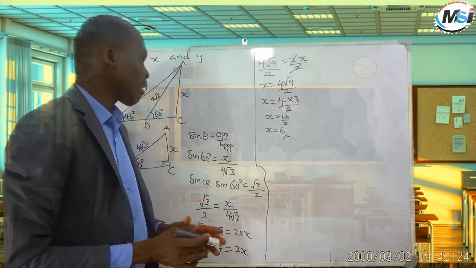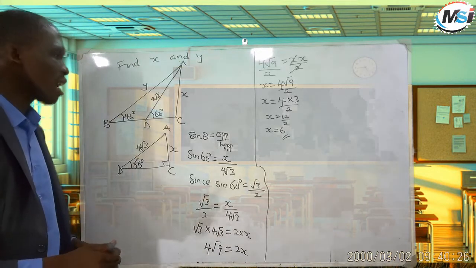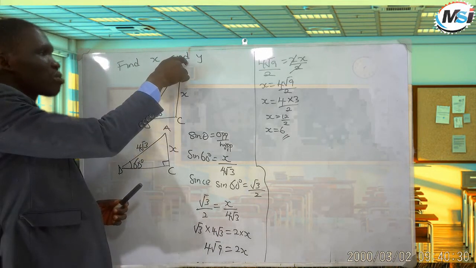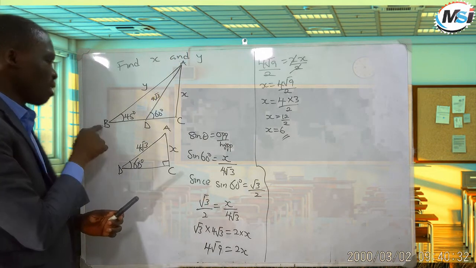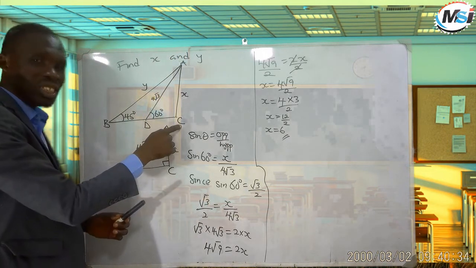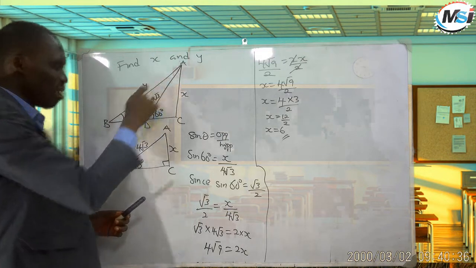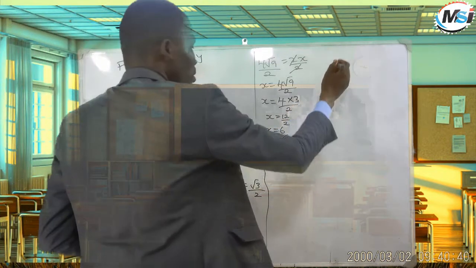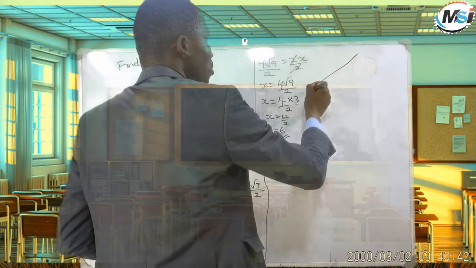And to find y, you need to understand that this is going to be A, B, C. So let's draw that. If we draw that, we are going to have something like this.